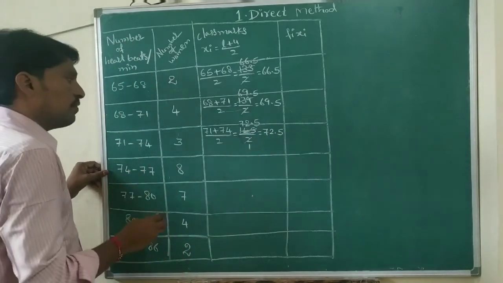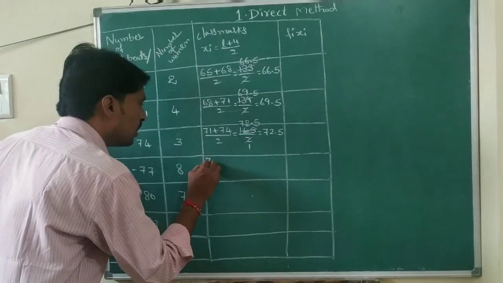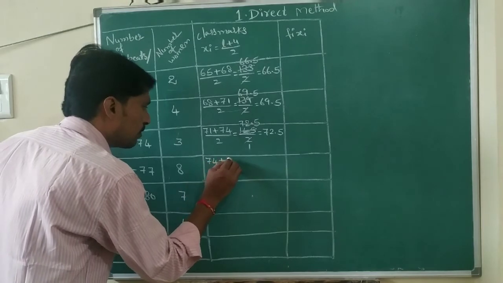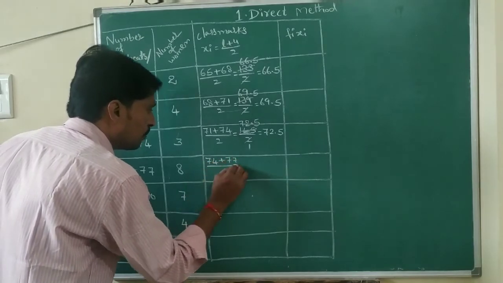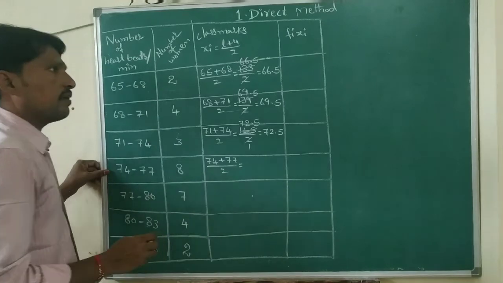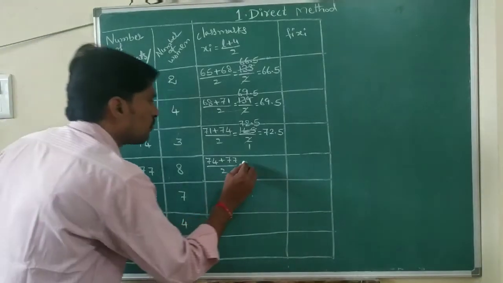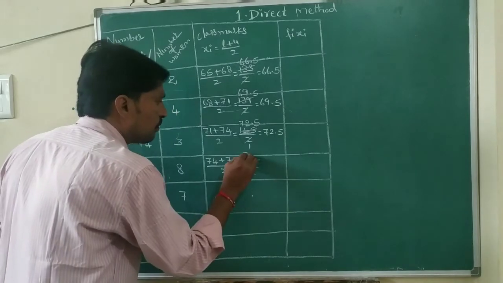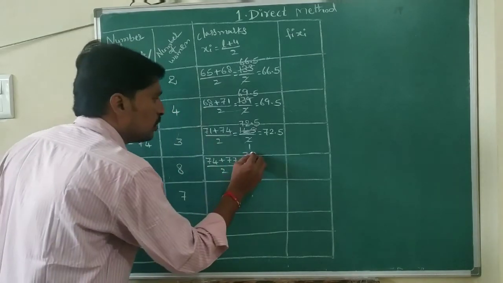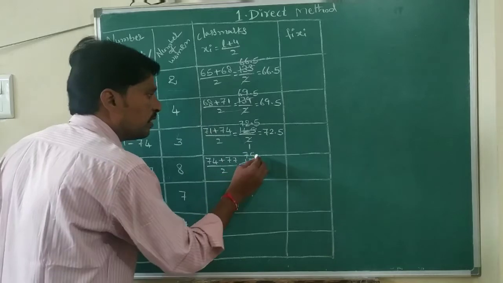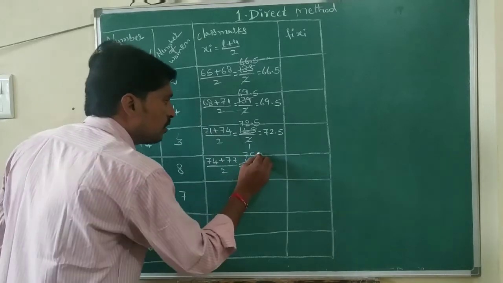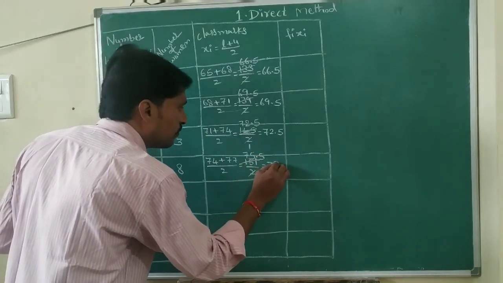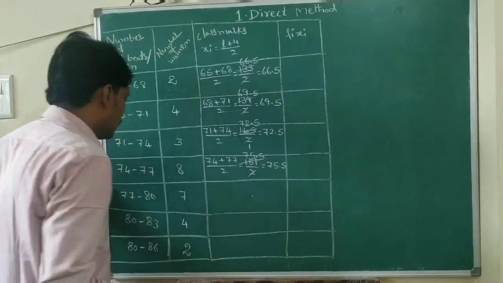Next, 74 to 77 class interval: lower limit 74 plus upper limit 77 by 2. 74 plus 77 is 151 by 2, which is 75.5.